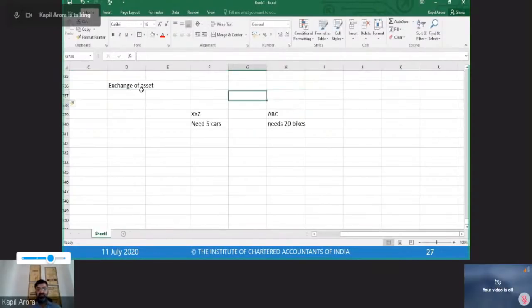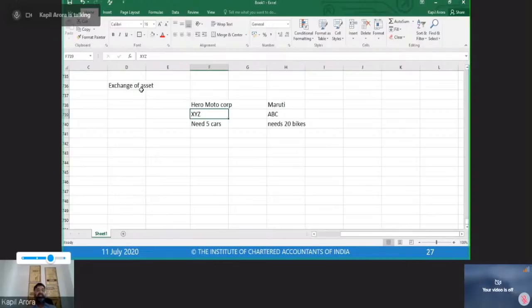So this is Maruti, and this is Hero Motocorp. Hero Motocorp manufactures bikes. Maruti manufactures cars. Hero Motocorp needs 5 cars for their employees. Maruti needs 20 bikes for their employees.